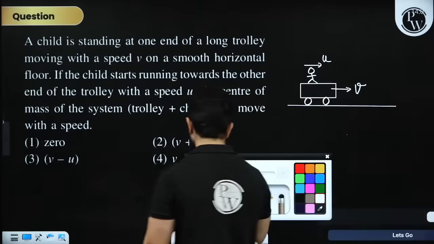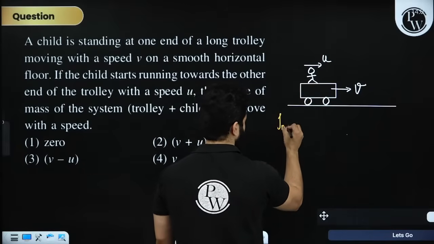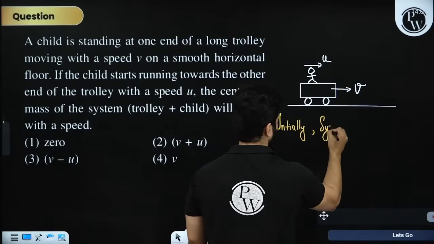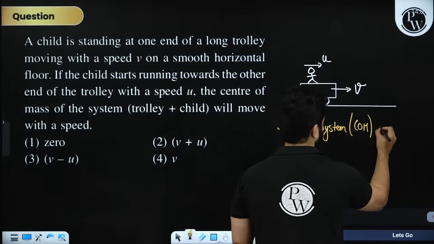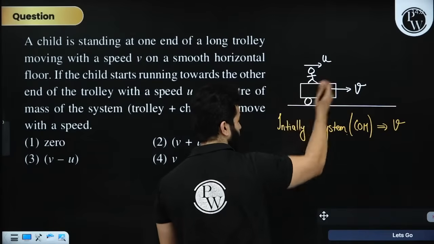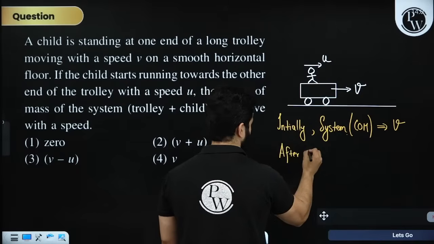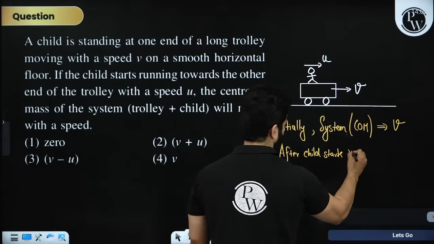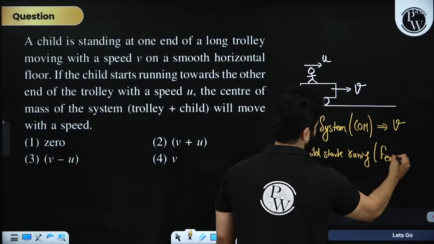See, the concept is that initially the system was moving. That means the center of mass was moving with a velocity of v. Now when the child starts to run, still the net external force is 0.